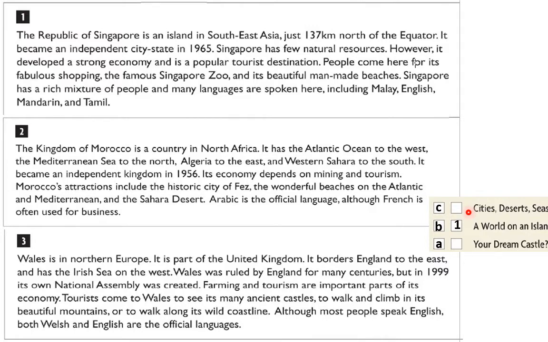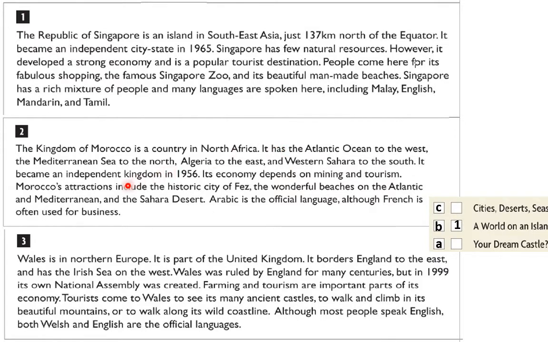Here we can choose city as the topic of this paragraph, but maybe we need to scan more information in order to be sure.